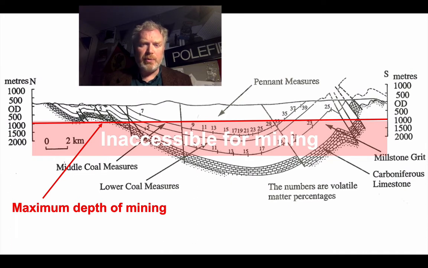It's not going to be possible to extract this coal. Although interestingly, there's work being done to try to extract the methane from these deep coal seams to use as a perhaps more modern, cleaner fuel than the coal.